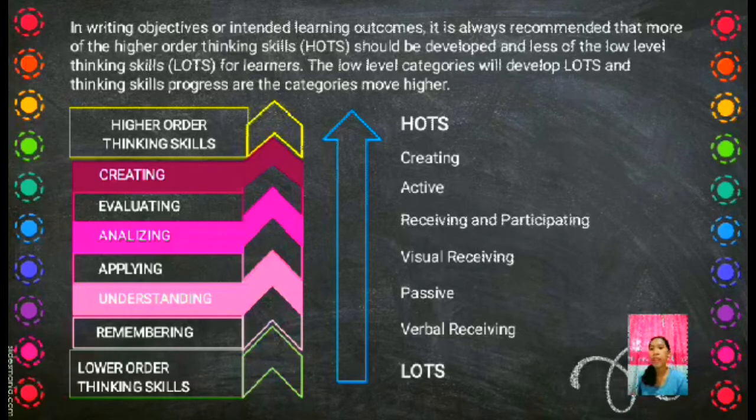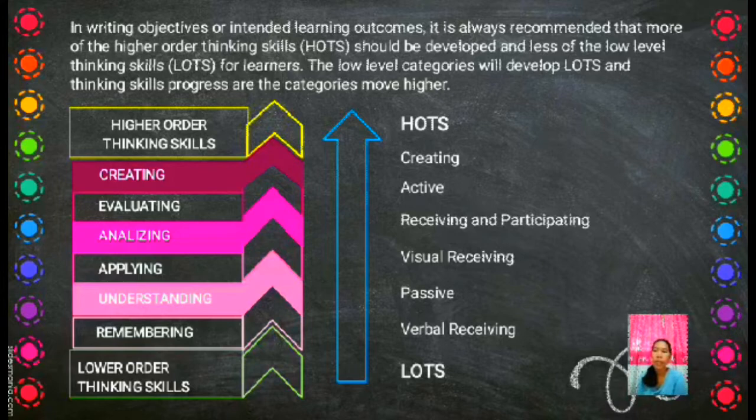So this is the order of thinking skills, and as you can see in the slide, the lower order thinking skill is the remembering. Kaya nga it's because remembering only requires a low level of thinking. Like kanang madali lang siya ni students og acquired. Mo ni siyang learning outcomes kanang madali lang i-acquired.